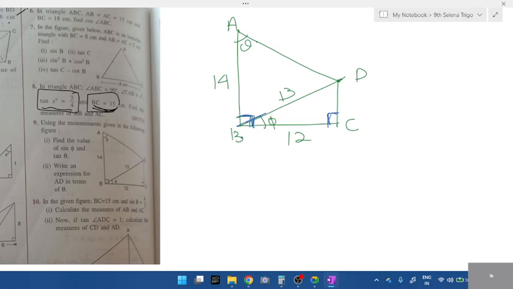Apply for triangle BDC, students. First apply Pythagoras theorem for BDC. Find the value of DC. Take BDC. BD is the hypotenuse. DC is 5.